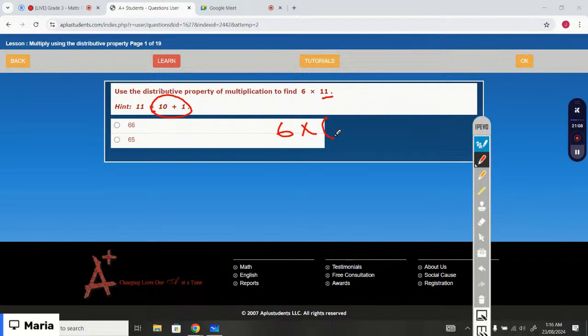You have to do 6 times 10 plus 1, so you do 6 times 10, and then 6 times 1. The concept is you multiply the number outside the bracket with everything inside the bracket. So I did 6 times 10 plus 6 times 1. Now you add: 6 times 10 is 60 and 6 times 1 is 6. So 60 plus 6 is 66. The correct option is 66. Option number 1 is the correct option. Got it?